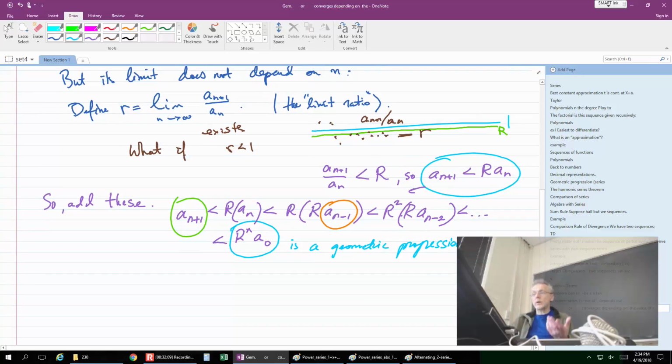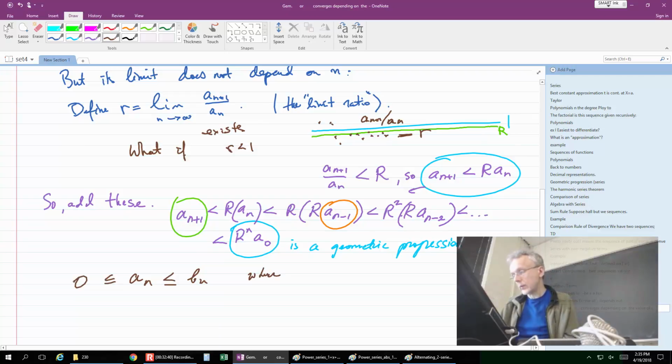Once again we have a comparison between series, and even though the original series is not geometric, we have compared it directly to a geometric series. And that's good news. So let me write it out again: a_n less than or equal to b_n, where a_n is positive.